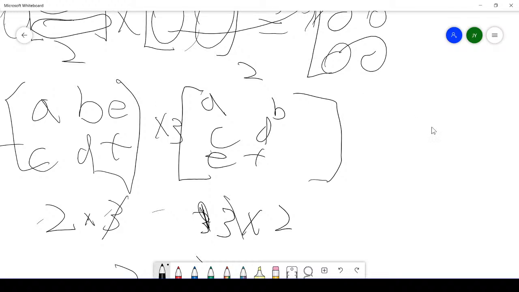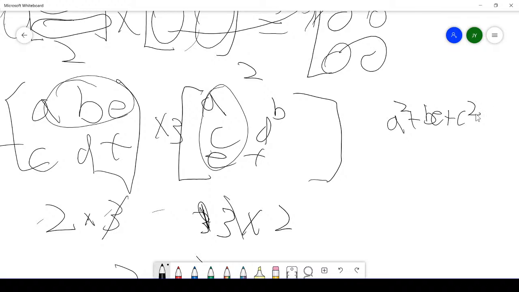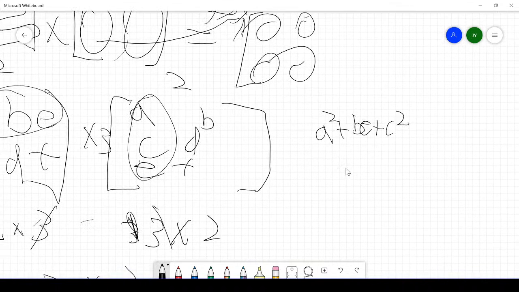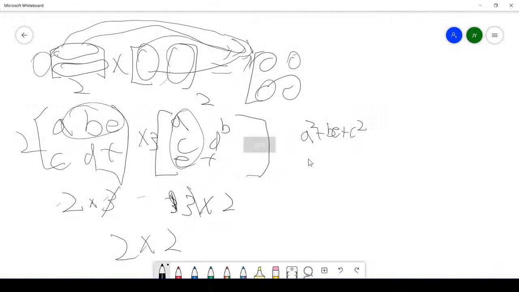So we multiply this out, right? First we multiply this whole row by this whole row. This is a squared plus bc plus e squared. That's the first term.